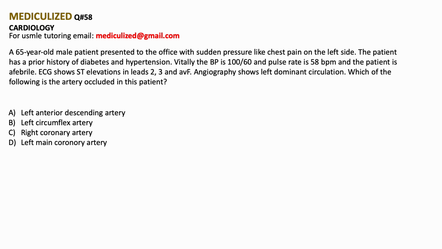First of all, the key points in the question are the bradycardia. You have 58, that's bradycardic, it's not good. And the ST elevations, like we said, just tell you that it is an inferior wall MI. Then the very high yield detail here is that they already told you that this patient has a left dominant circulation.